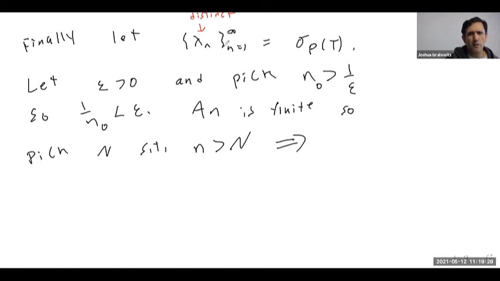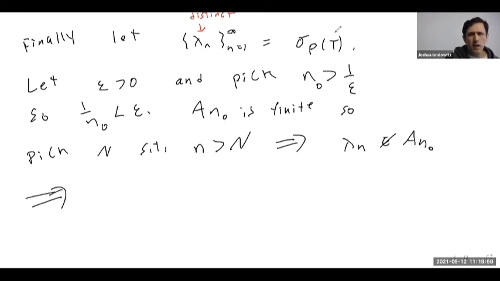Eventually, all of these, because they're distinct, are not going to be in A_n. After a certain point, it's not going to be in A_n. And we're assuming this is infinite. So lambda n is not in A_n naught.